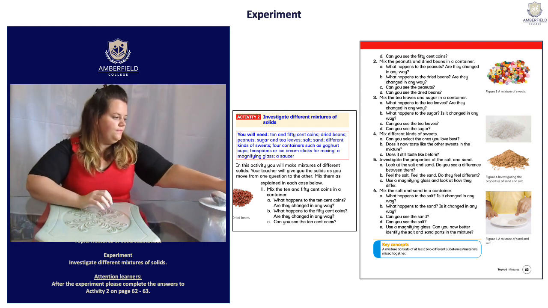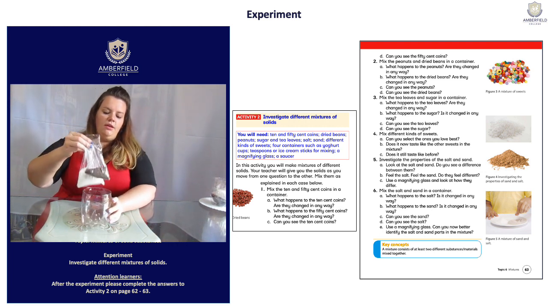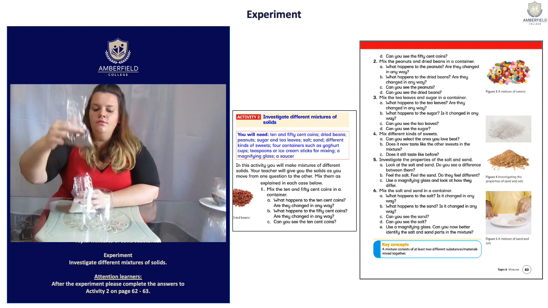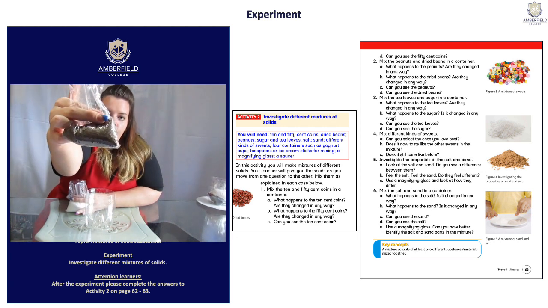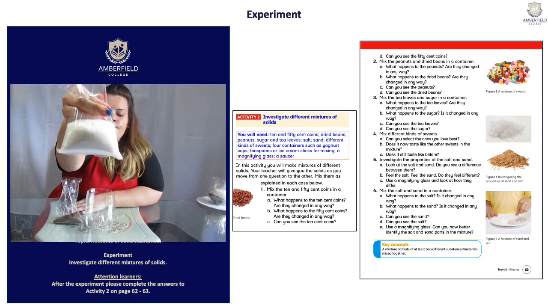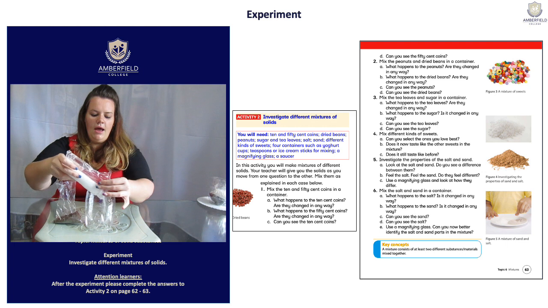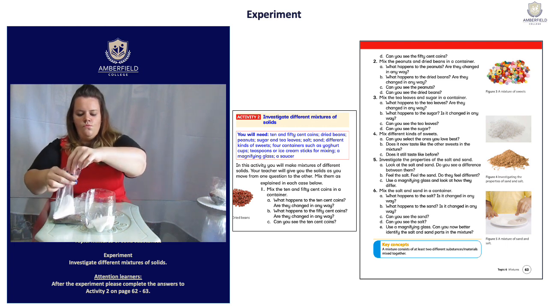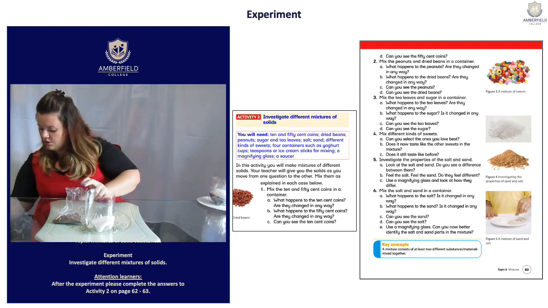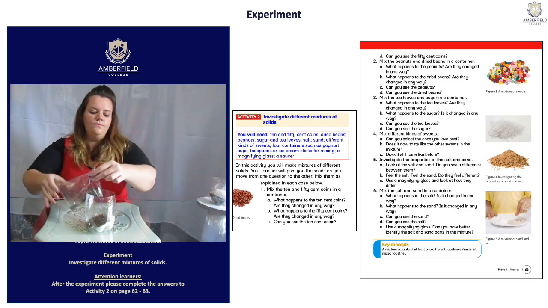Now we move to the next one. In this container, we are going to mix tea leaves and sugar. Grade 6s, I'm not going to use all the sugar, and I'm putting the tea leaves in.